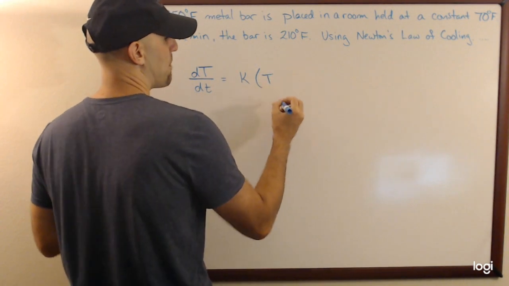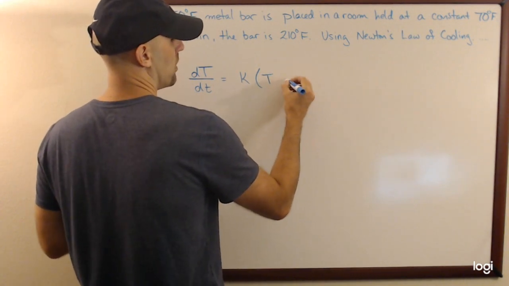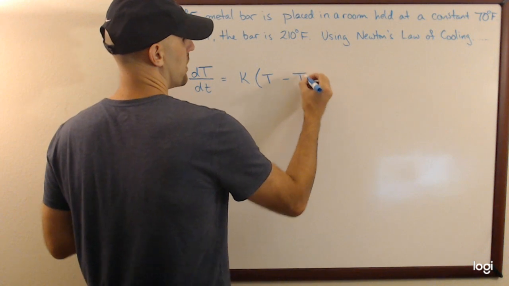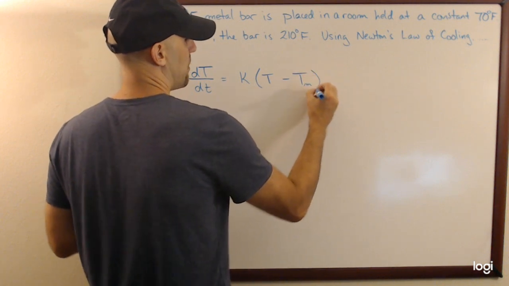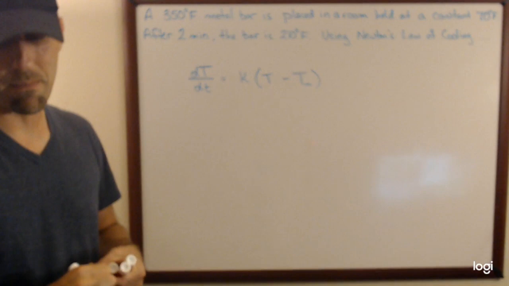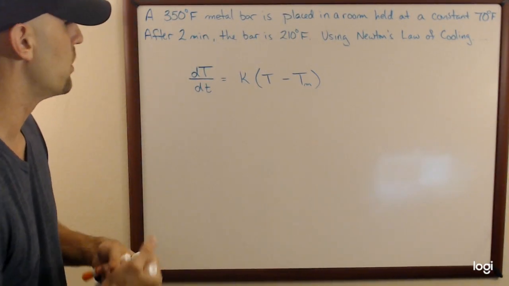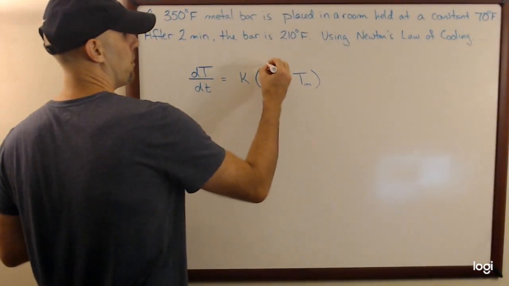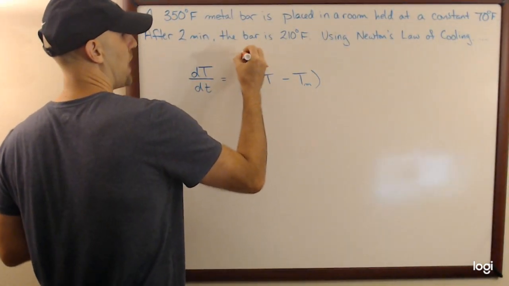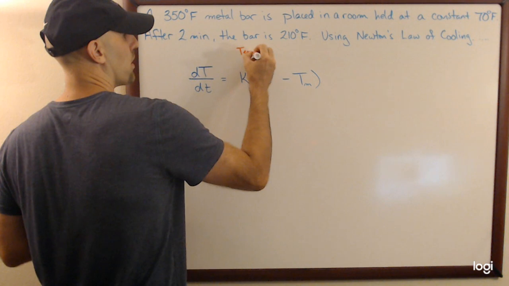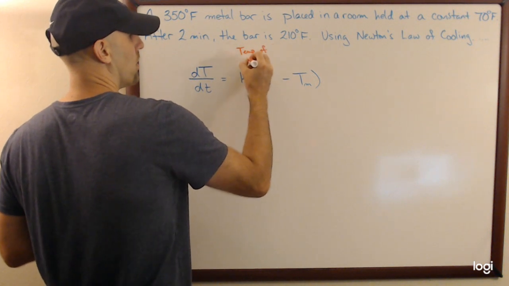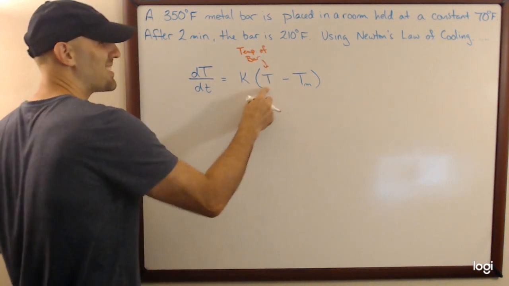We're going to put the temperature of the bar minus the ambient temperature. Now I'm using the same variables as your book does, but I feel these are somewhat poorly labeled. T here is the temperature of the bar, so this is a variable.